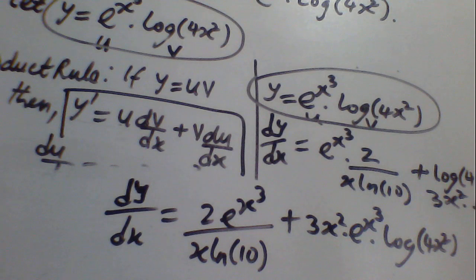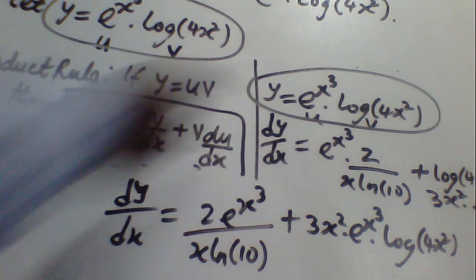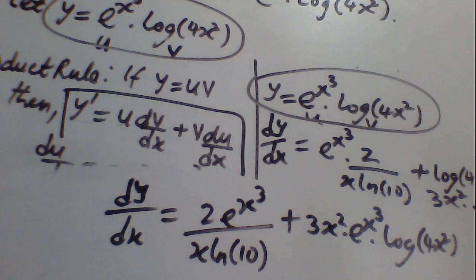Find the derivative. So the derivative of e raised to power s raised to power 3 log 4s squared is equals to 2 multiplying e raised to power s raised to power 3 divided by s ln 10 plus 3s squared e raised to power s raised to power 3 log 4s squared.